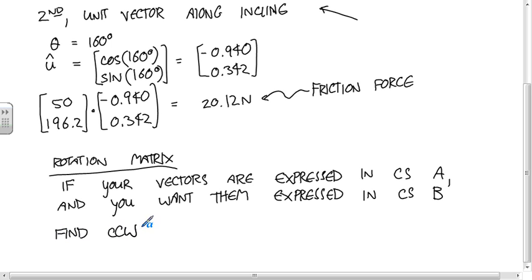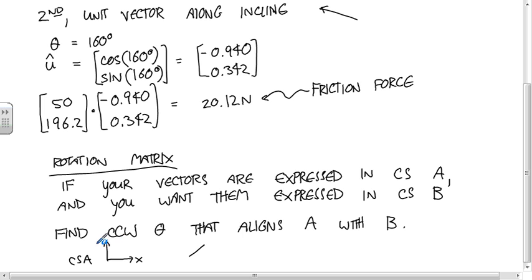Okay, so what you need to do is find the counterclockwise angle that aligns A with B. So for example, if this is coordinate system A, and this is coordinate system B, then how do you have to rotate A to make it line up with B?